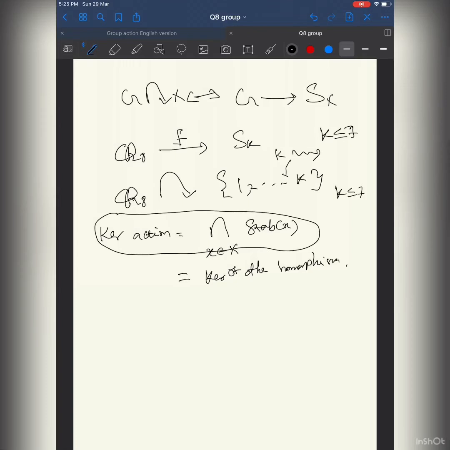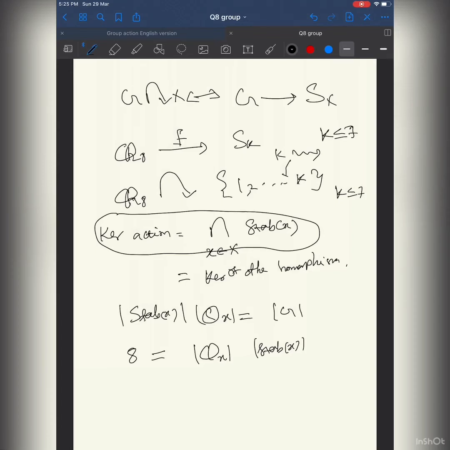We have the orbit-stabilizer theorem: the size of the stabilizer of x times the size of the orbit of x equals the group order, here 8.